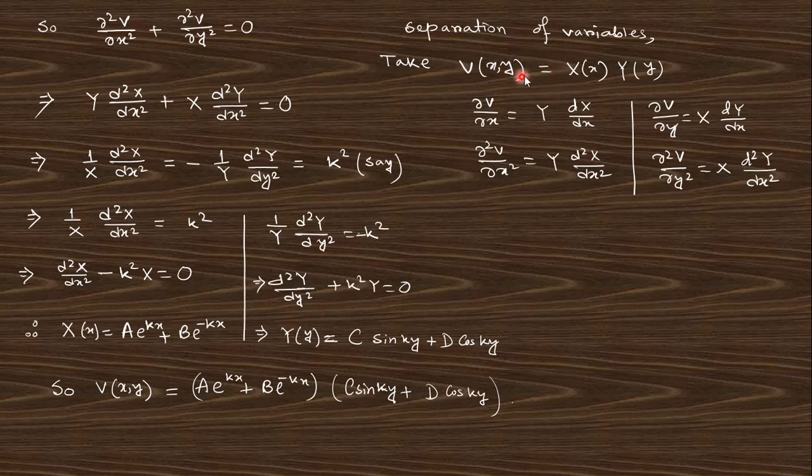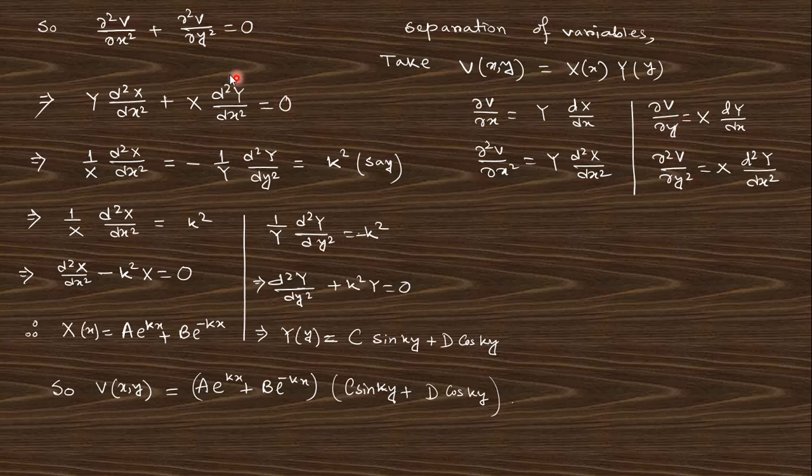If you take this separation of variables in a partial differential equation, you learned this in semester 1. In this partial differential equation we can take these two as independent variables. When we take the derivative with respect to x, then y is a constant. This del becomes d, because this capital X is only a function of small x, right? Similarly the second derivative will give you like that, and in the case of y this is also.